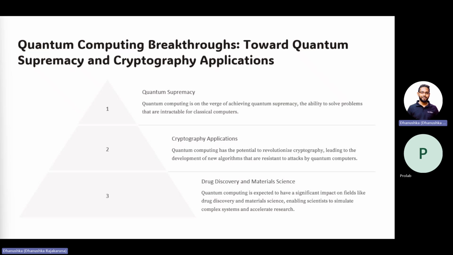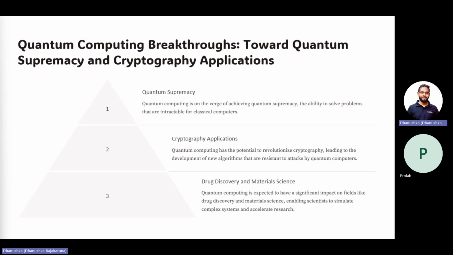It is edging closer to achieving quantum supremacy, the point where quantum computers outperform classical systems in solving specific problems. Among its most transformative potential applications is cryptography, which could redefine security paradigms.